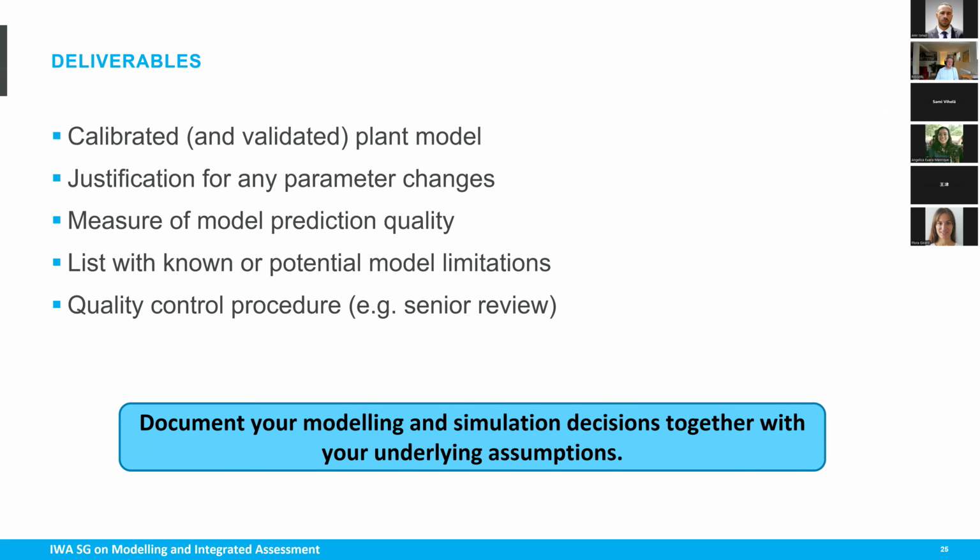And then what I also like to see is what was the quality control procedure. I do a lot of that. So that's basically a senior review of a simulation study. So document whatever you do in your model building and simulation. All these decisions should be documented together with the underlying assumptions. I want to hear from the modeler why they did what they did.